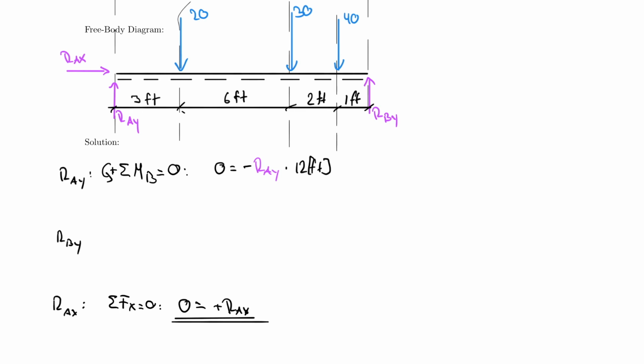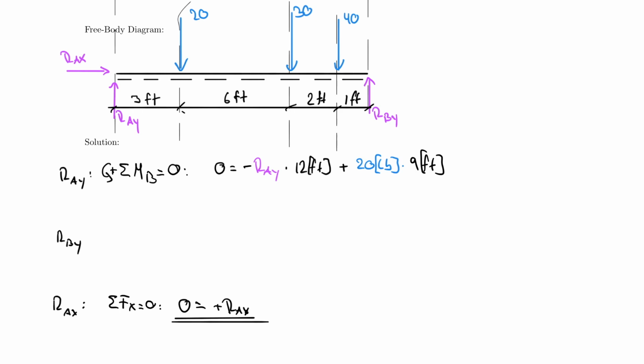So let's start with the 20. So 20 pounds multiplied by, what distance do I have here? So from here to here I have 6, 8, 9 feet. So times 9 feet. The question is that positive or negative? And the answer is positive because it turns counterclockwise.